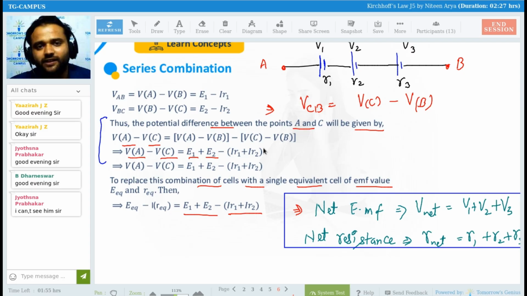Simply think like this: in series, the current remains the same and voltage is going to divide. In parallel, current is going to divide and voltage remains the same. You need to understand only this thing. Okay, clear everyone? Is this clear everyone, beta?